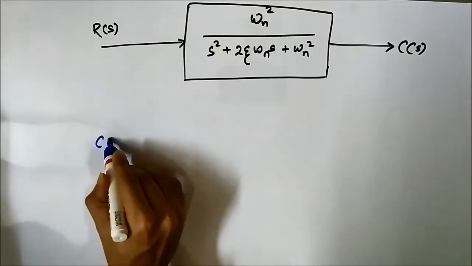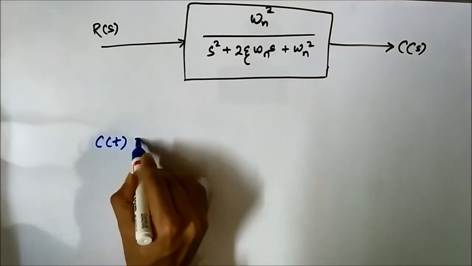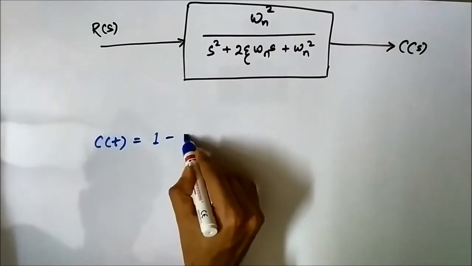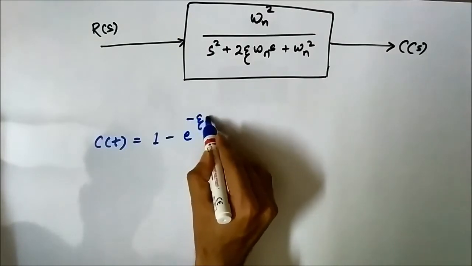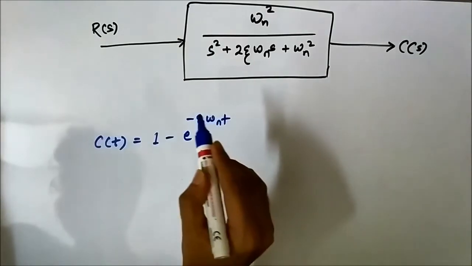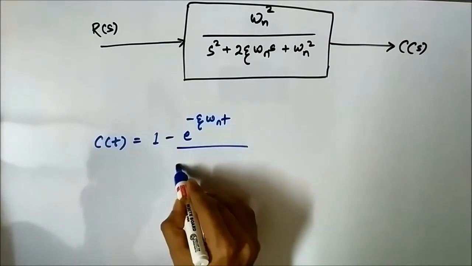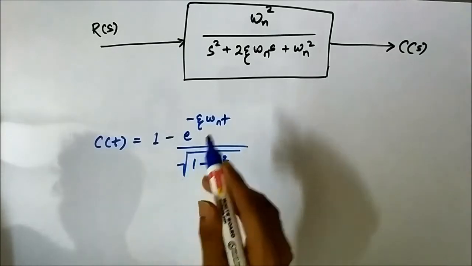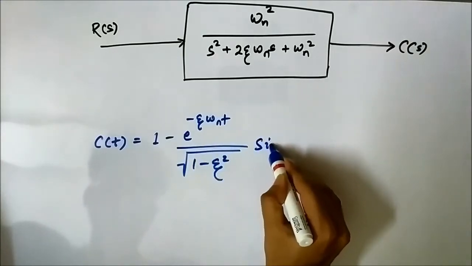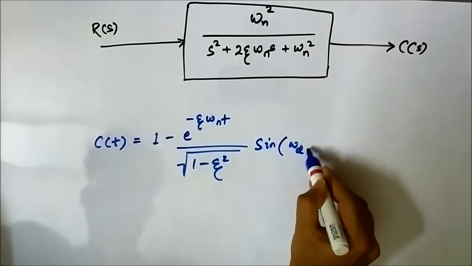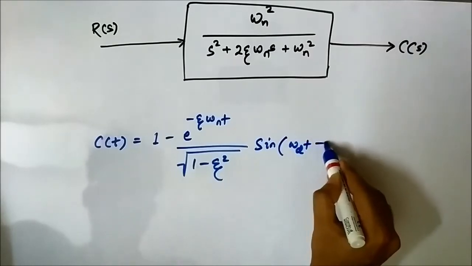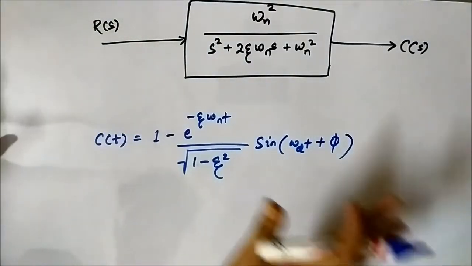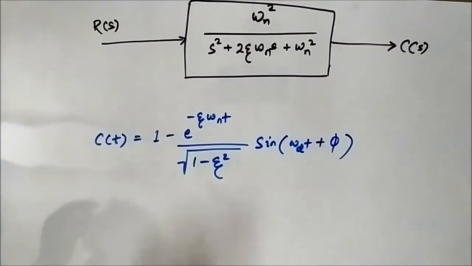The output response is written as c(t) is equal to 1 minus e to the power minus zeta omega n t, divided by root over of 1 minus zeta square, into sine of omega d t plus phi. This is the output expression.